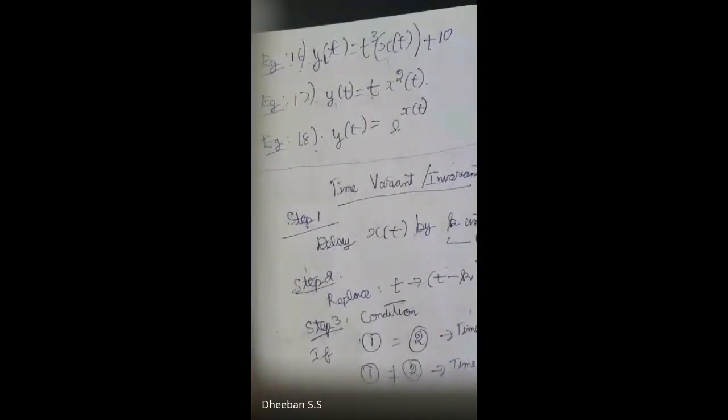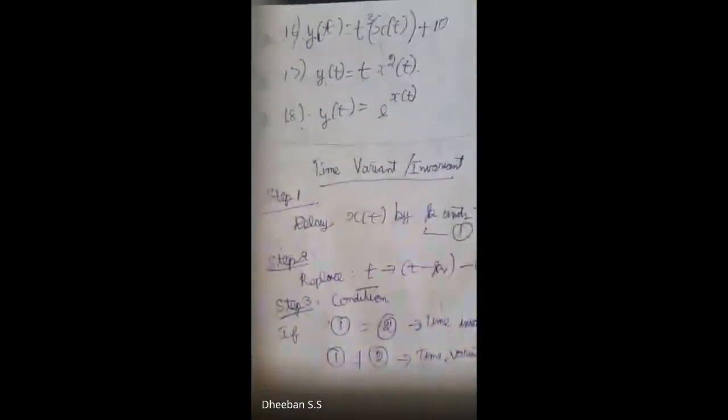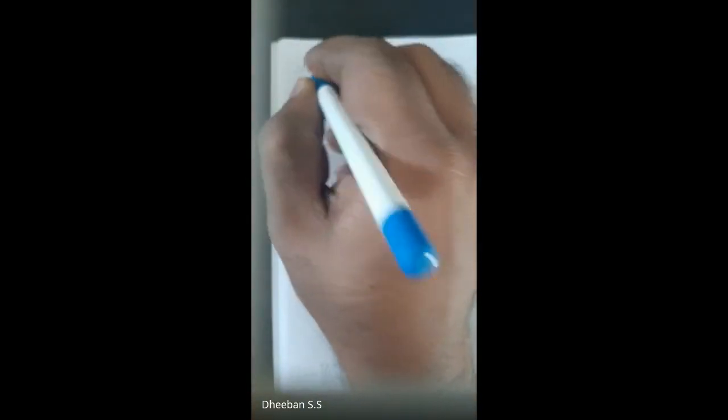So now we can move to the next system, which is static and dynamic. Static and dynamic is your third criteria of classification.